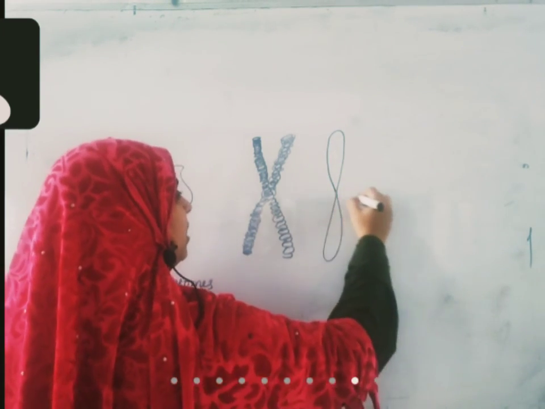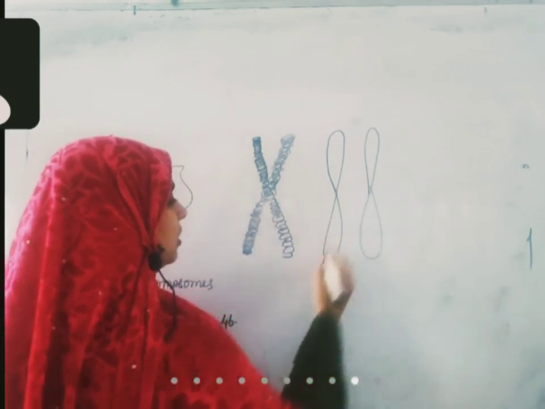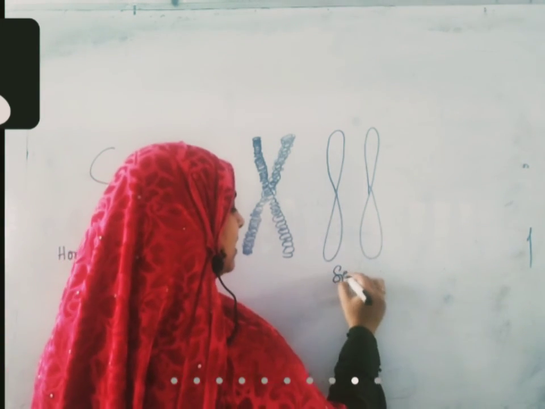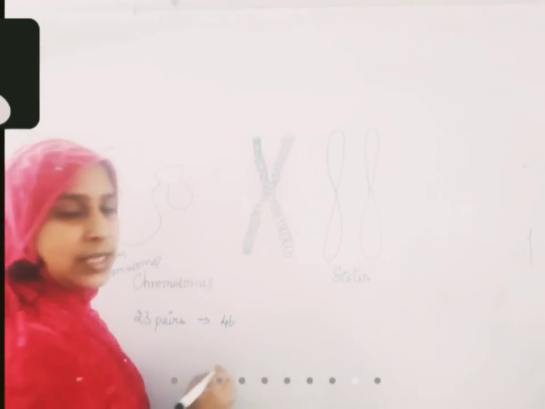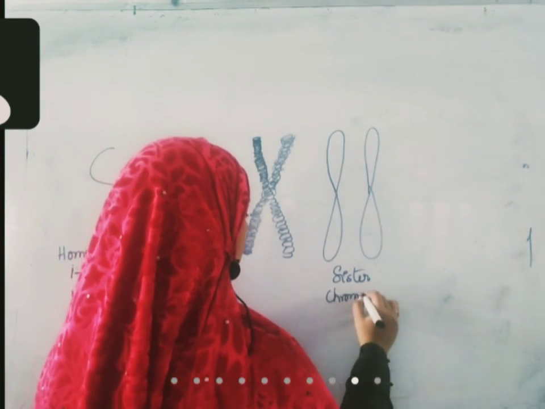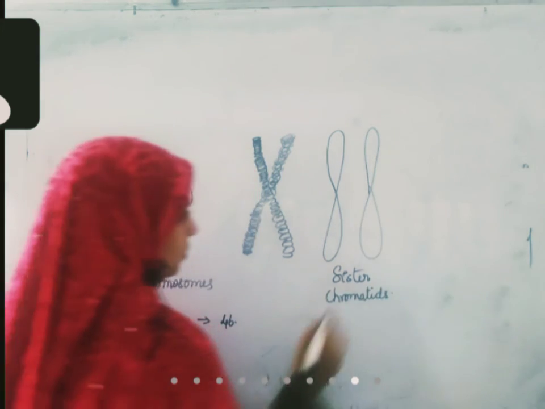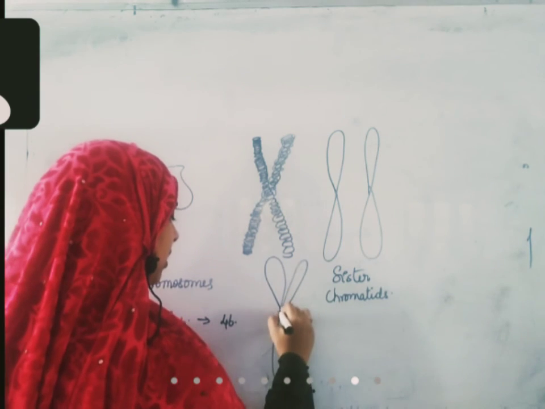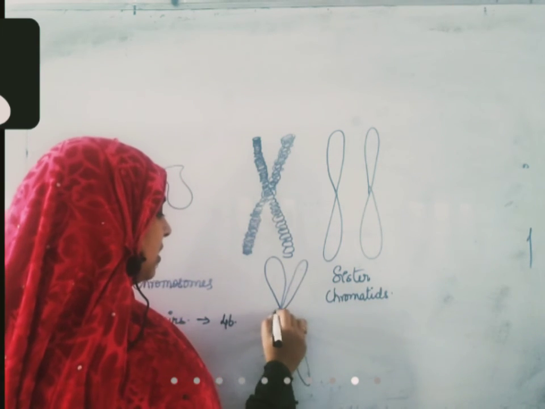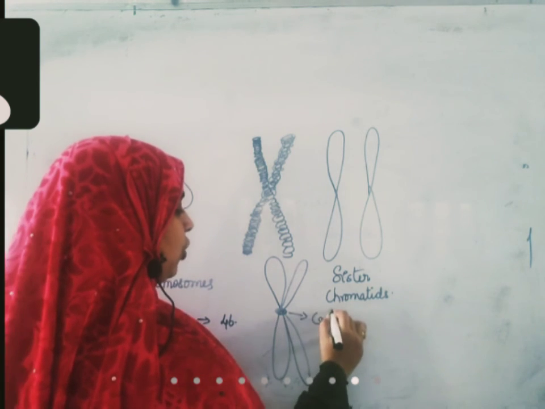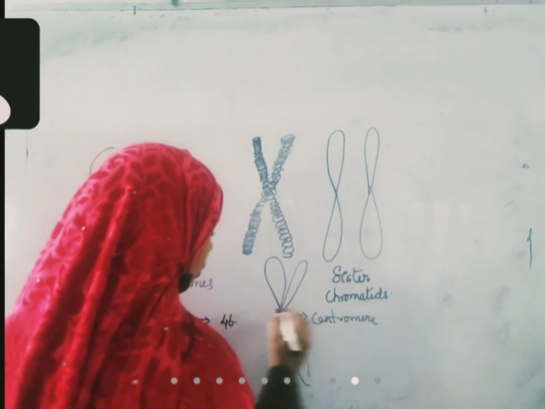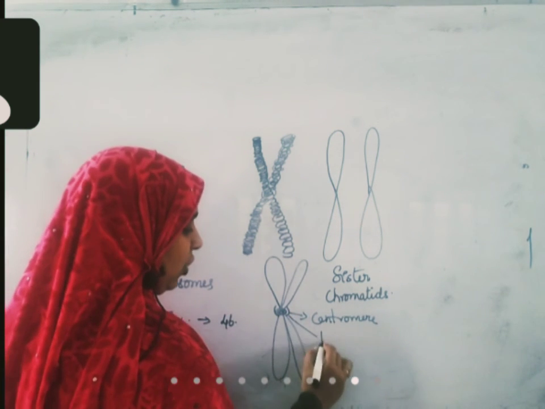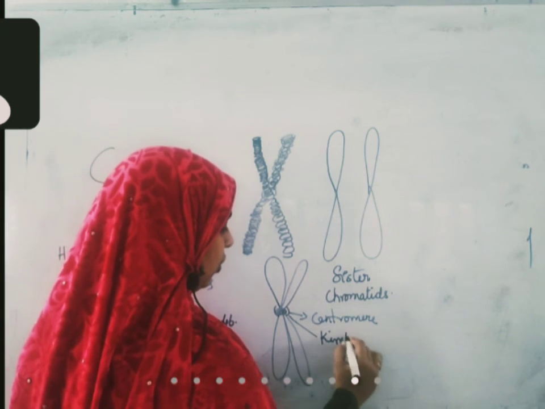These two chromatids which make one chromosome are called sister chromatids. Sister chromatids are joined together at one point, called the centromere. Centromere has disc-shaped structures called kinetochore.